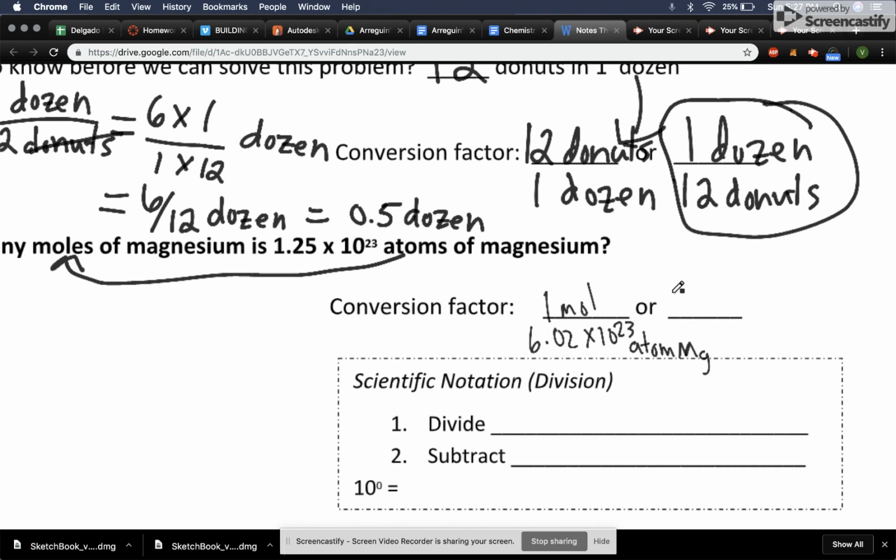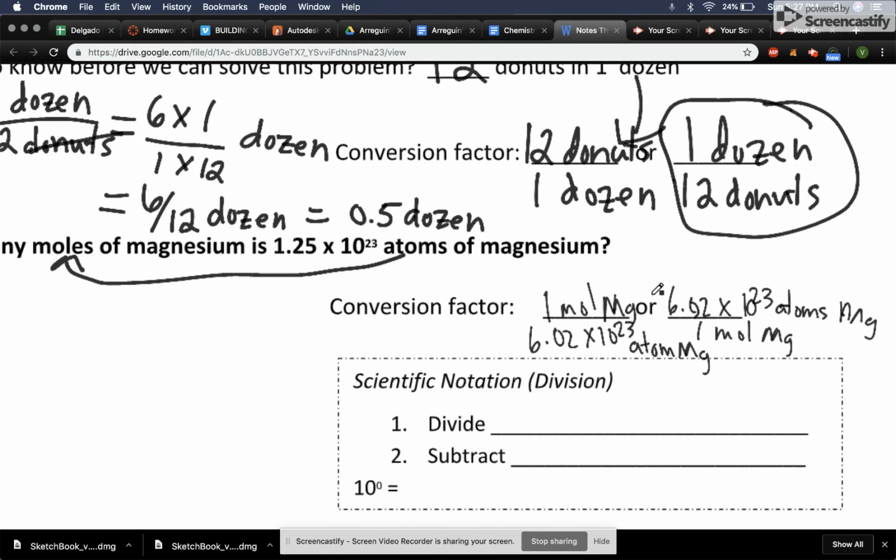The other way we could write it is 6.02 times 10 to the 23rd atoms of magnesium on top, and on the bottom will be 1 mole as well. And we have to include magnesium as well. We can't forget that. We have to start off right, guys?